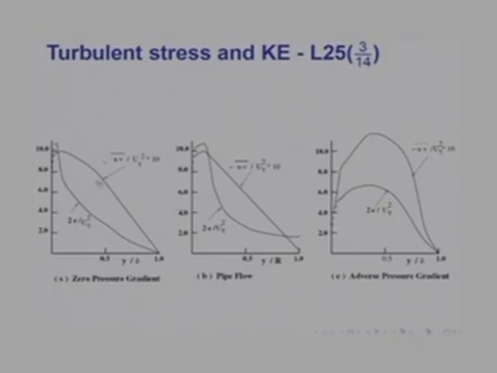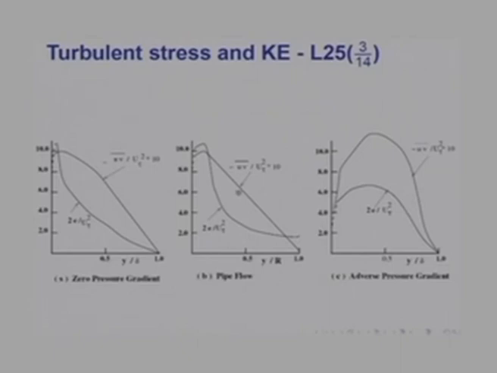Now, the turbulent stress is very nearly linear in the outer parts, here as well in pipe flow, with respect to distance from the wall, but in adverse pressure gradient the variation is quite different. It is not at all linear till you go very far out into the boundary layer.